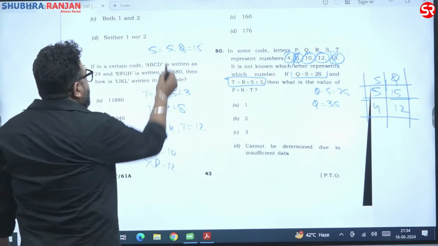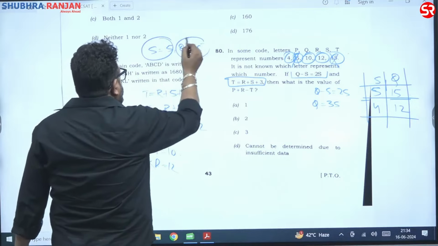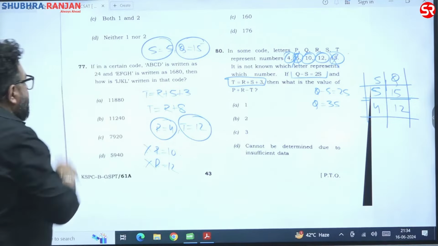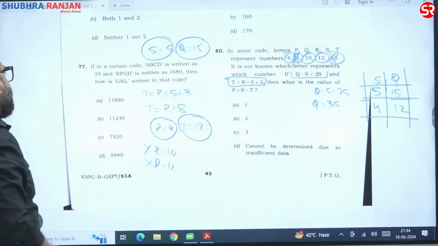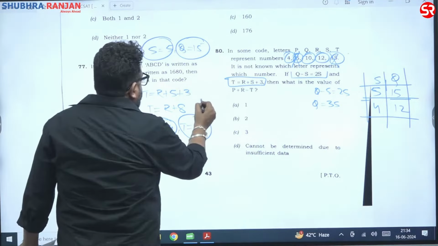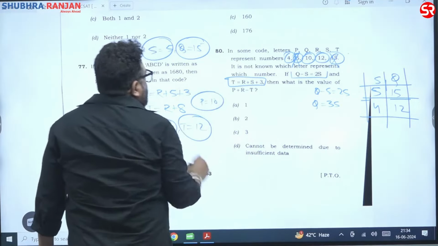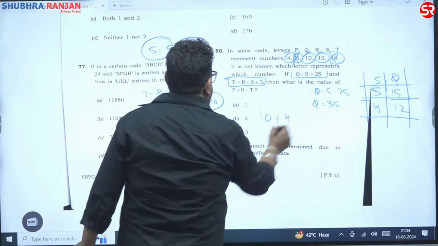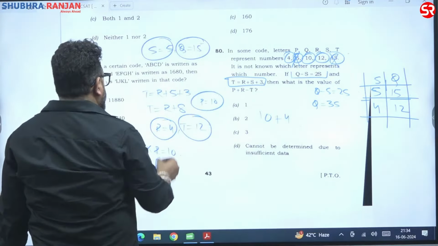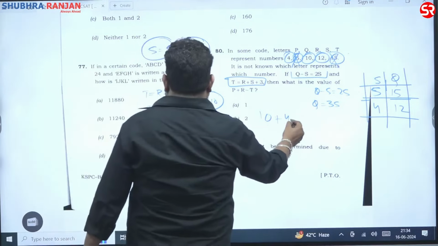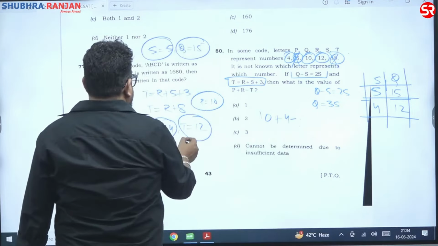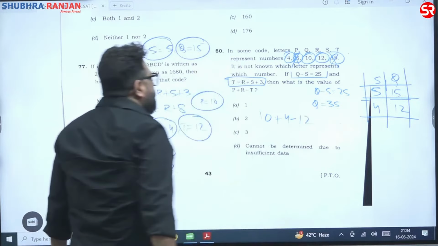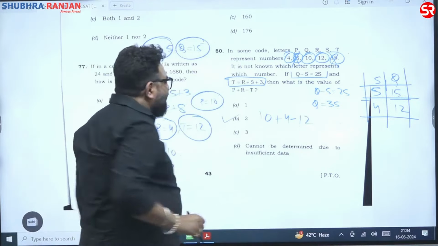So definitely S is equal to 5, Q is equal to 15, R is equal to 4, T is equal to 12, right? And your remaining P would be 10. So it is 10 minus, plus 4. So what is the value? Minus T, how much is T? What is T? 12, right? So 2 is your answer, right?